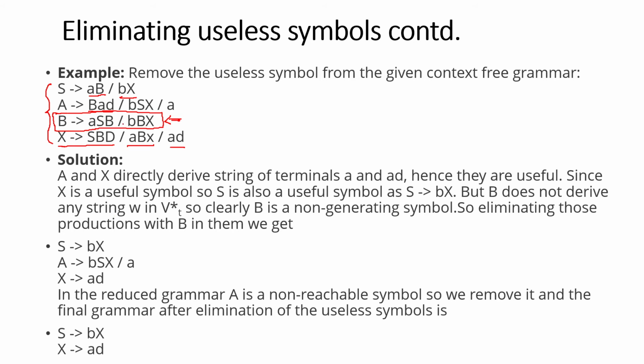So ultimately, what production rules are left in the grammar? That is S to small b capital X, A to small b capital S capital X or small a, and X to small a capital D.